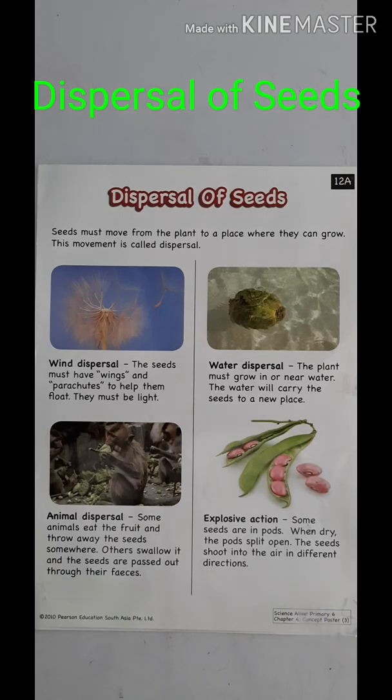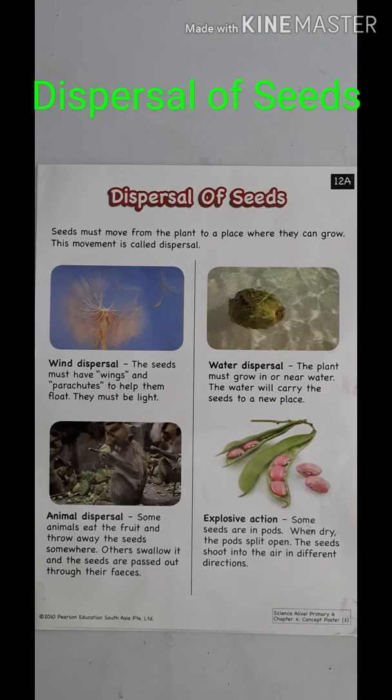Next, water dispersal. The plant must grow in or near water. The water will carry the seeds to a new place. You can see this one, coconut will go to a new place because of water.